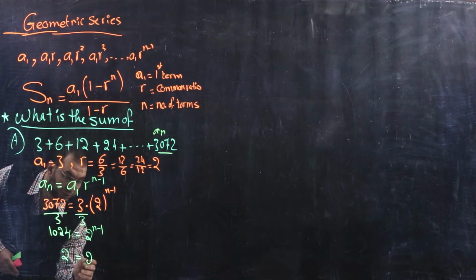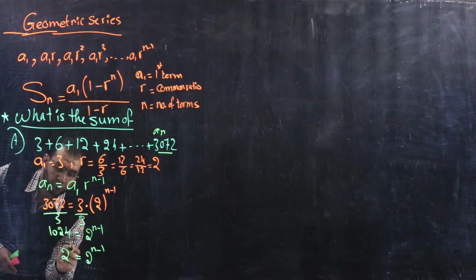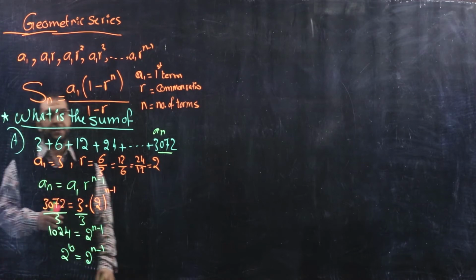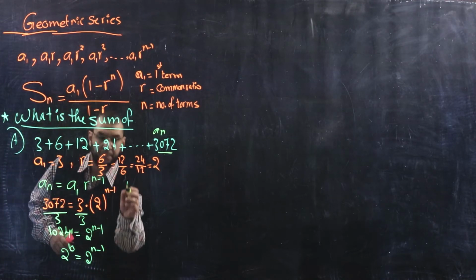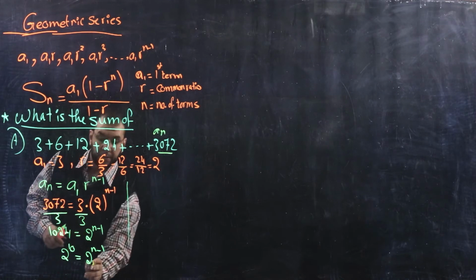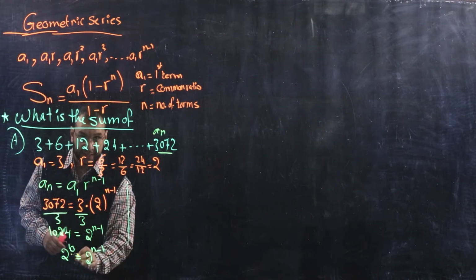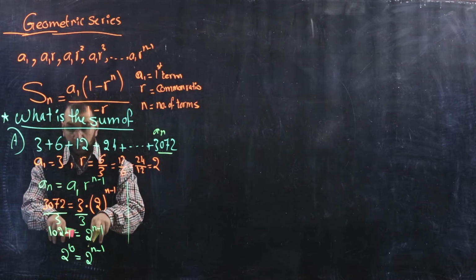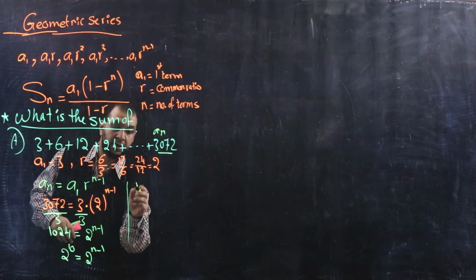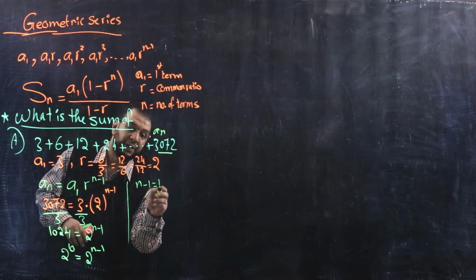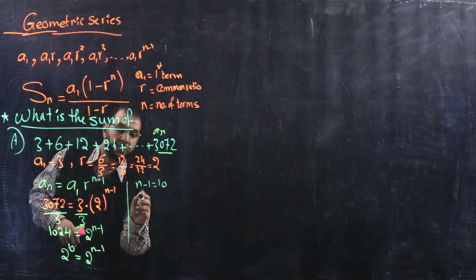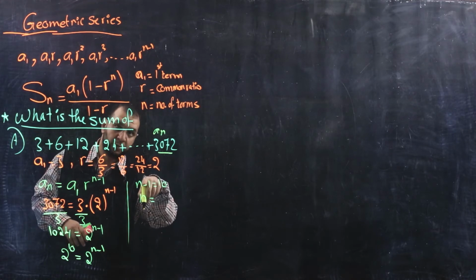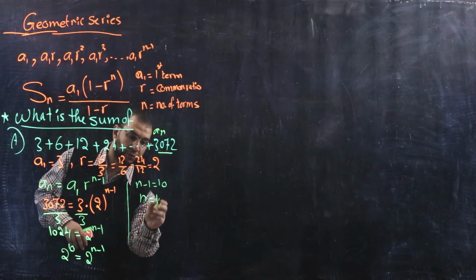The exponent here would be 10. Since the two bases are the same, the two exponents are also the same. So n minus 1 will equal 10. Moving the minus 1 to the other side, n will equal 11.